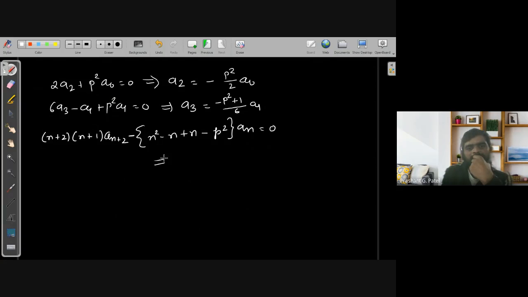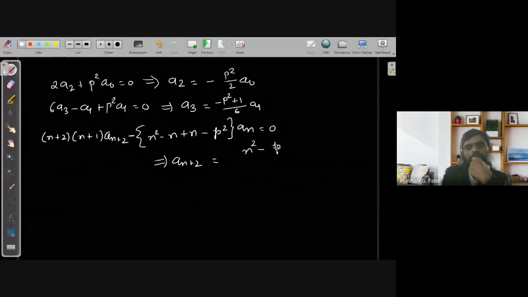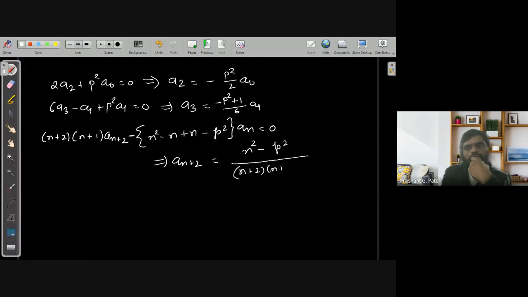And the last equation will give you an plus 2 will be n square minus p square upon n plus 2, n plus 1 an, and this recurrence relation is true for n equal to 2, 3 and so on.